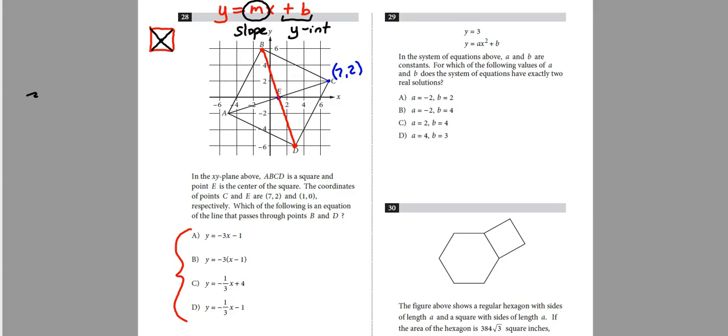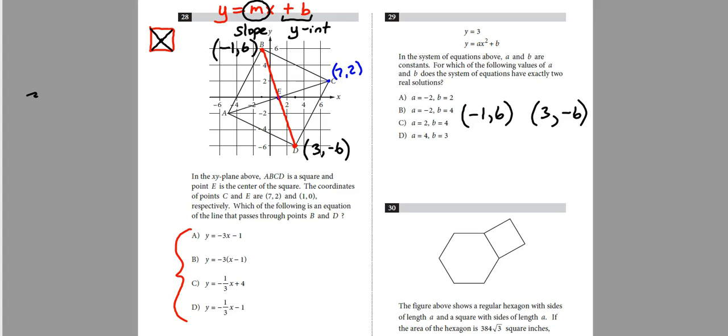It started at left 1, up 6, so at (-1, 6), and it ends down here at (3, -6). So my two points go from (-1, 6) to (3, -6).